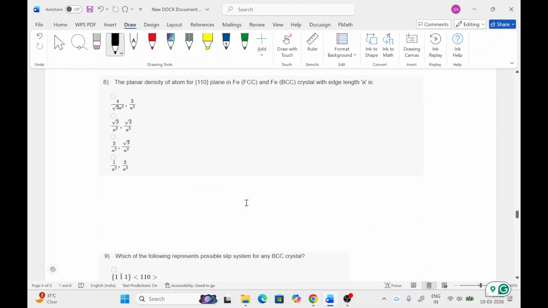Next question. We have asked the planar density of atoms for the 110 plane in iron FCC and iron BCC crystal with edge length a.